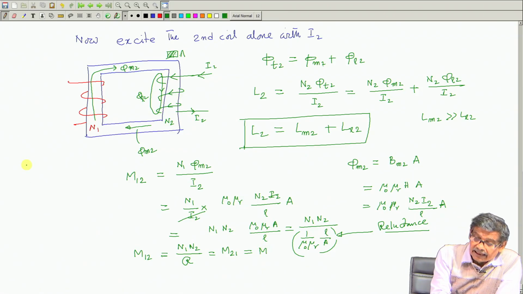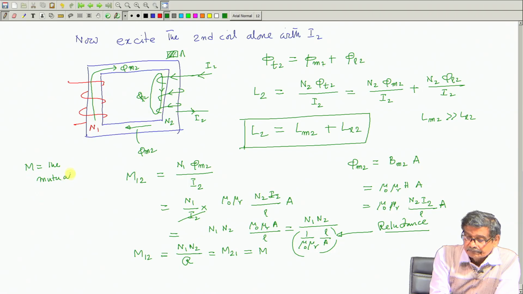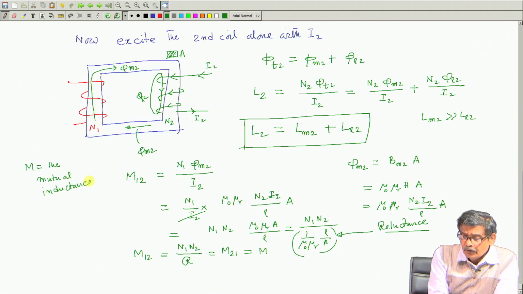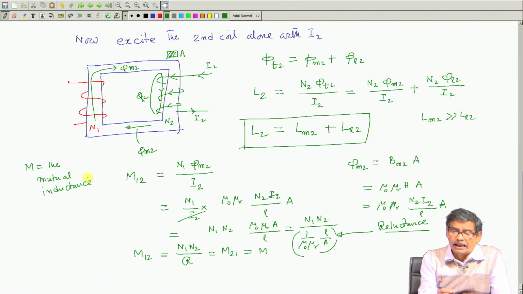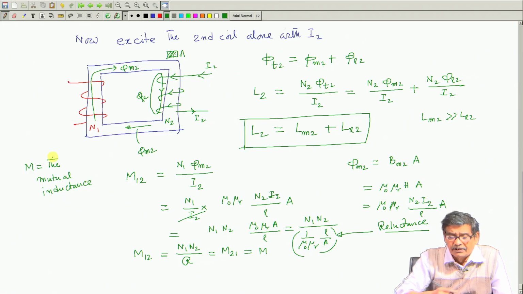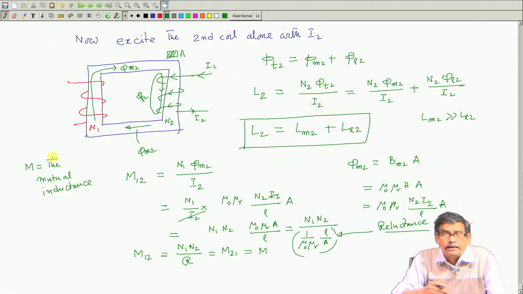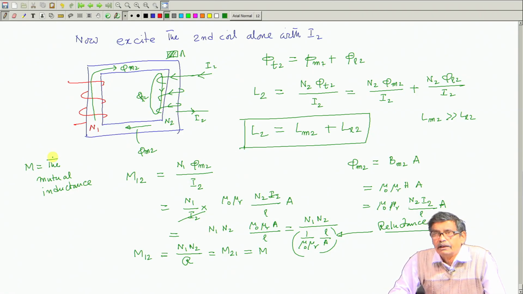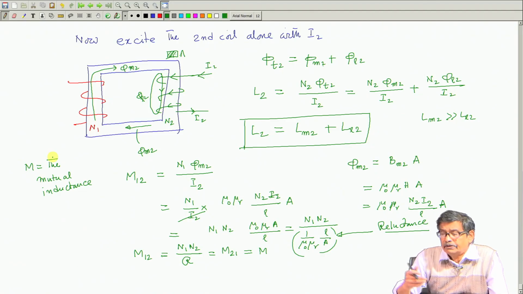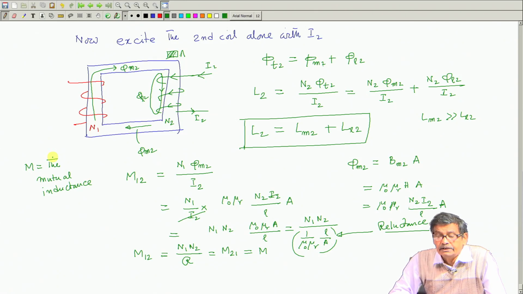So, I say that M is the mutual inductance, which is the same whether you calculate by exciting the first coil and seeing the flux linkage in the second coil, or exciting the second coil and calculating the flux linkage in the first coil. Clear? Therefore, from this we will further carry on our discussion of mutually coupled coils. Thank you.